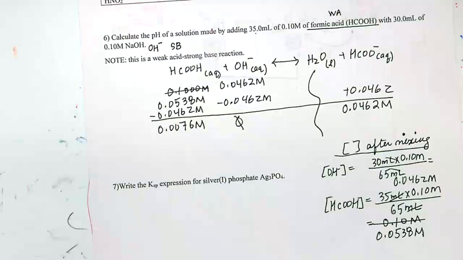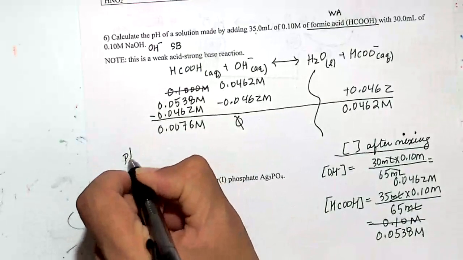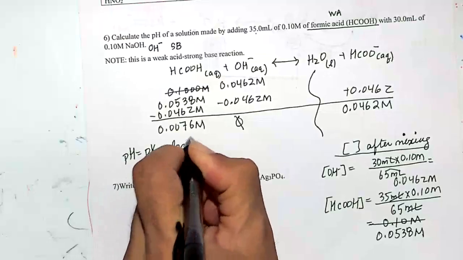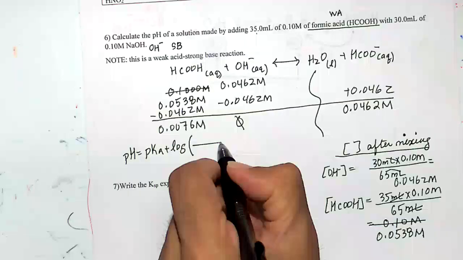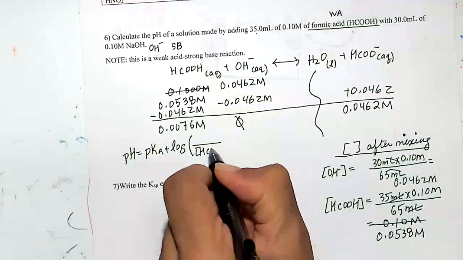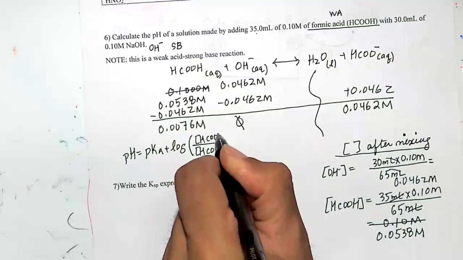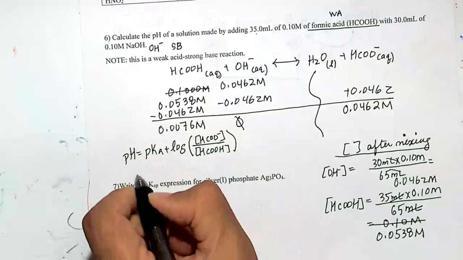Do you guys know the Henderson-Hasselbalch equation? I'll give that on the test. But the Henderson-Hasselbalch equation is pH is equal to pKa plus the log of the acid, HCOOH, divided by HCOO minus.